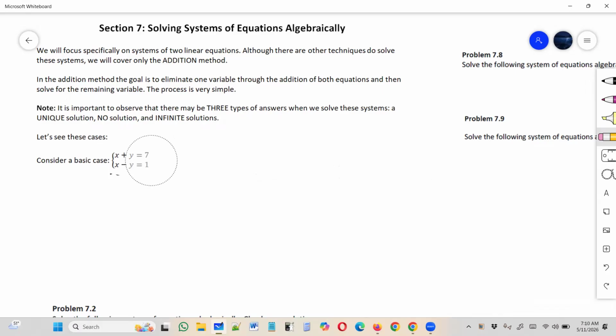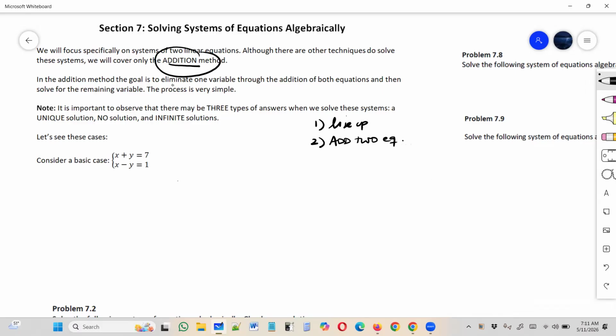And finally, the concept of the technique that we are covering, which is the addition method, is we are going to first line up the variables. Second, add the two equations with the purpose of eliminating one variable.